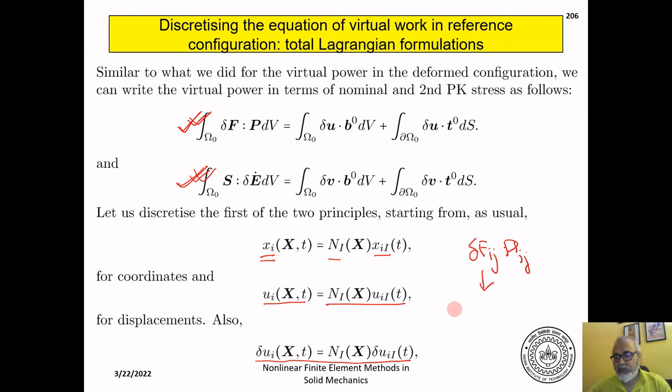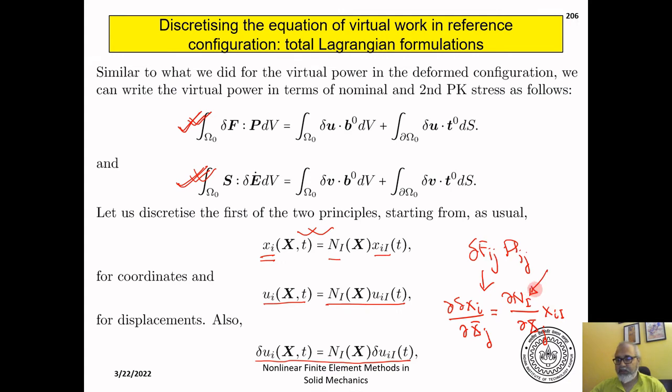So delta Fij we know is delta del xi by del capital Xj. This is delta Fij. We have derived this before, and now go from here. You will get del capital Ni del capital Xj times xIi.